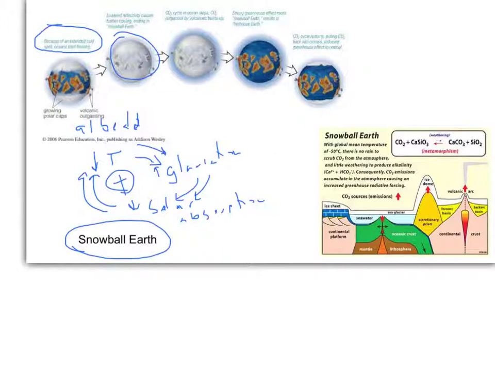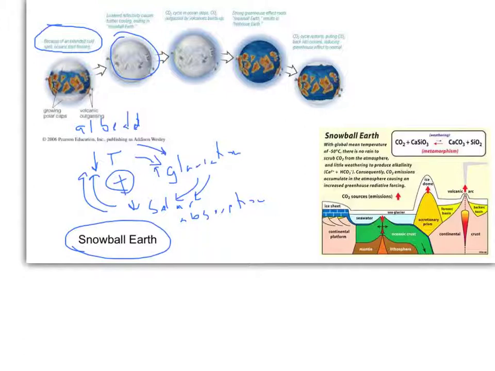However, once you do have that sort of worldwide glaciation, if it ever did get completely worldwide, and there's some debate about that, one impact would be that it would cut off the ocean from the atmosphere. Because the ocean is isolated from the atmosphere, the ocean can no longer take up carbon dioxide.